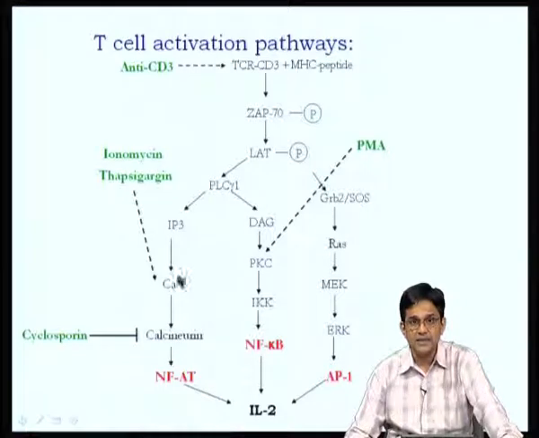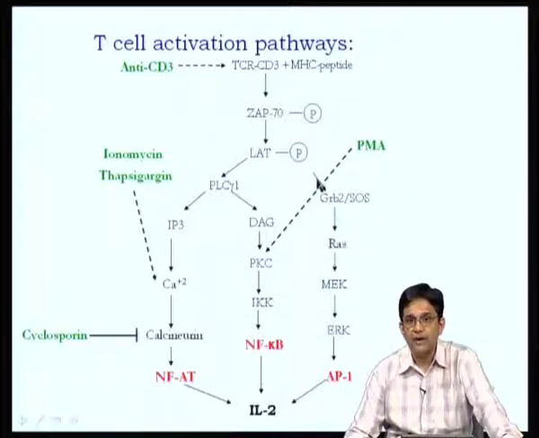This results in an increase in calcium, which activates a phosphatase known as calcineurin. This results in activation of a transcription factor known as NFAT. Whereas the diacylglycerol part activates protein kinase C, and this results in activation of the NF kappa B part, which again contributes to IL-2.